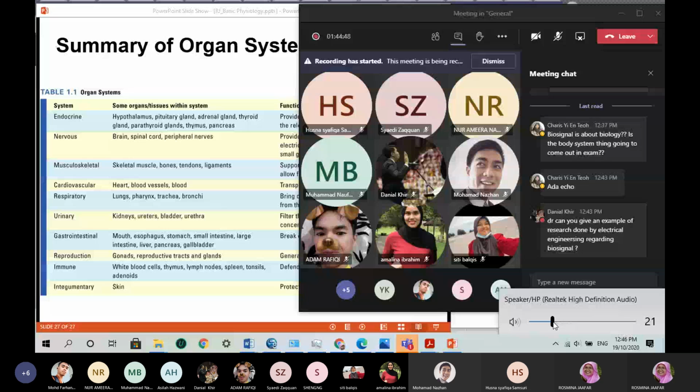So these biomedical engineers have the responsibility to help the medical doctor to interpret the signals, to be able to obtain the signals for diagnosis, for monitoring, and so on. So when talking about examples of research done by electrical engineering, there are so many.